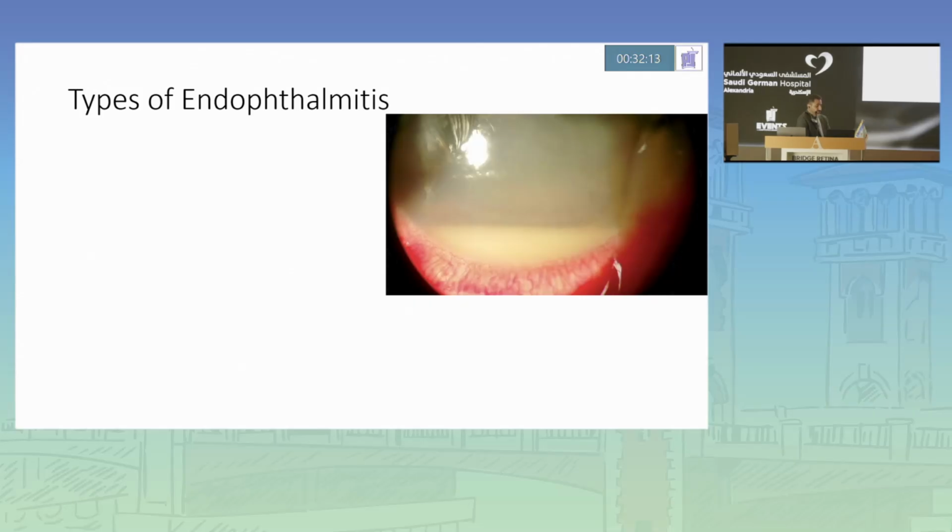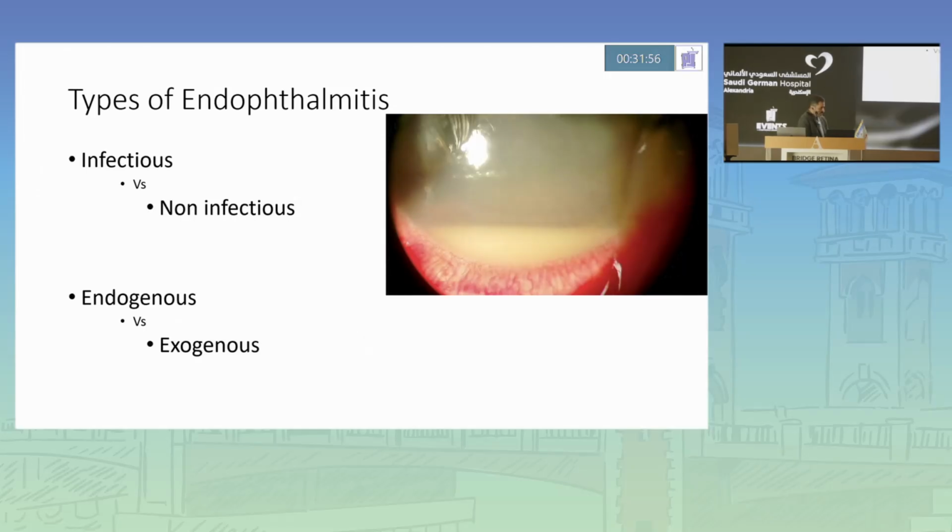I see that the cornea is involved. Yes, this is the clinical picture, but what I'm asking about is any case of endophthalmitis: what are the causes, how do you classify it? Is it from outside of the body, inside? You mean exogenous, endogenous?